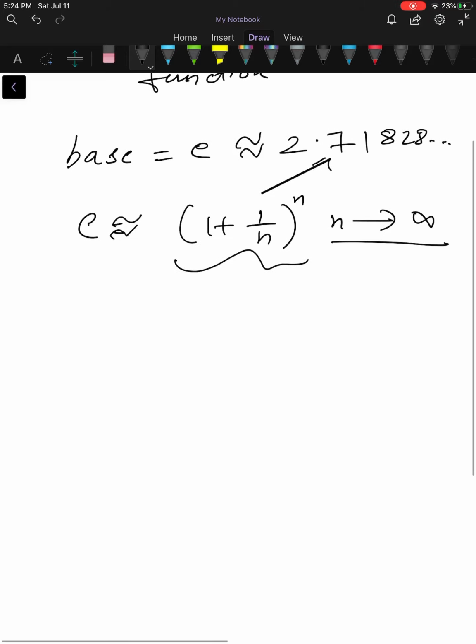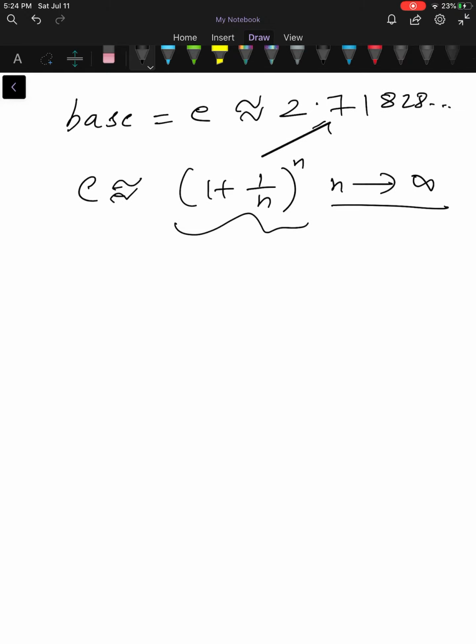For the natural exponential function, e is the base. Why do we use e as a base for an exponential function? I told you we basically use 10 as a base, but certain applications require e to be the best possible base.